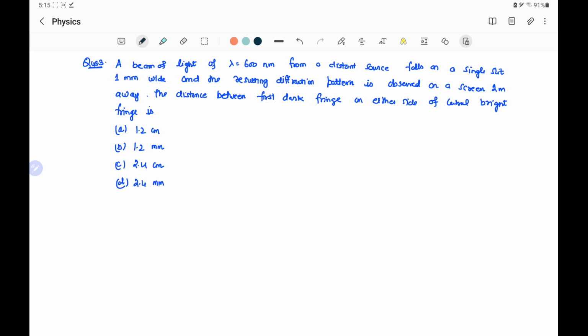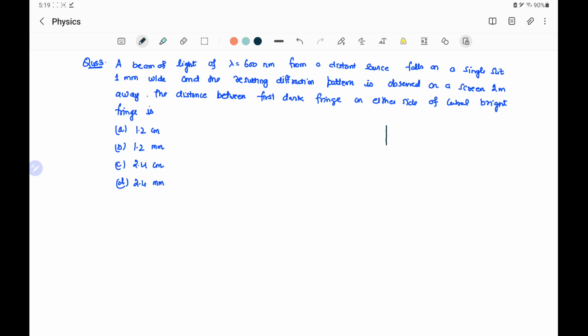Next question is: a beam of light of 600 nanometer wavelength from a distant source falls on a single slit 1 millimeter wide, and the resulting diffraction pattern is observed on a screen 2 meter away. The distance between the first dark fringe on either side of the central bright fringe is to be found.